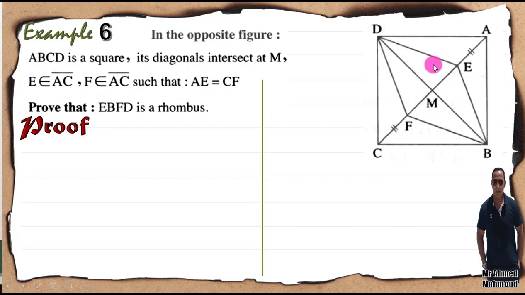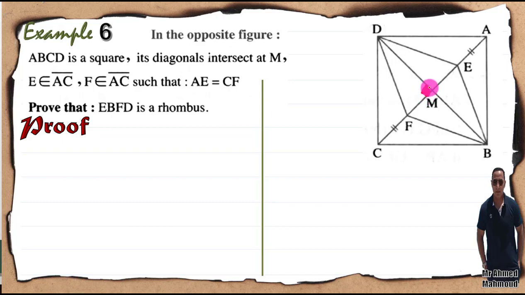How come? First, how can I prove this shape is a parallelogram? Because ABCD is a square, its diagonals bisect each other and its diagonals are perpendicular. So there is a right angle here.